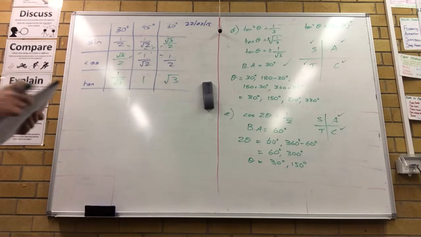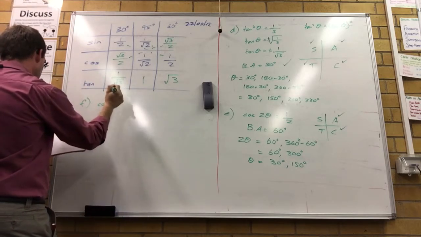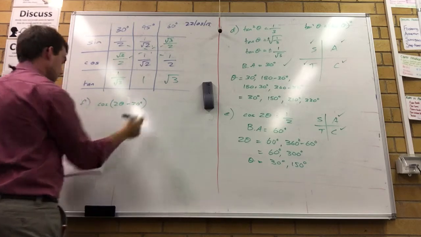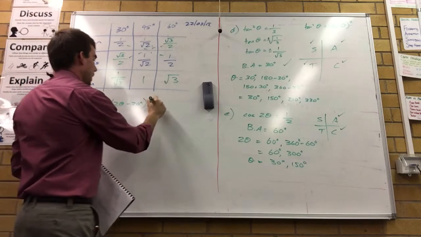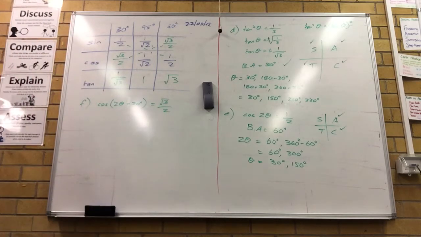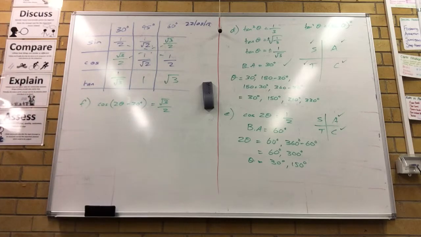And then we've got an example there, cos of 2 theta take away 30 degrees, which equals root 3 on 2. So we've got cos of an angle, which equals root 3 on 2.